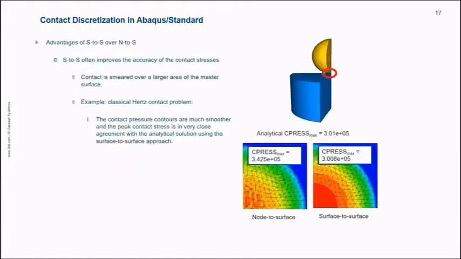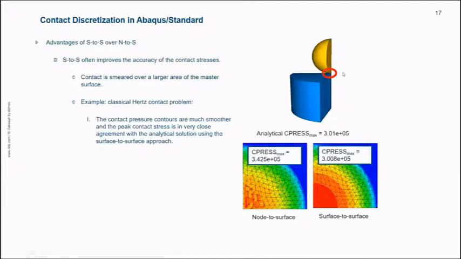Okay. So here is one more advantage of surface-to-surface over node-to-surface. We have an enhanced ability to compute the contact stress itself. In this example, we have a sphere pushing against a large elastic body in a local region, the little red ellipse you can see there. So the contact is isolated in this small area.